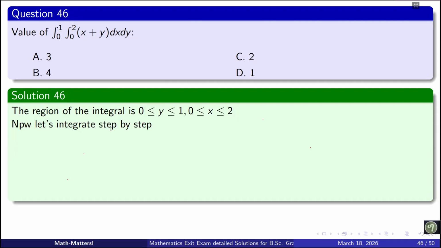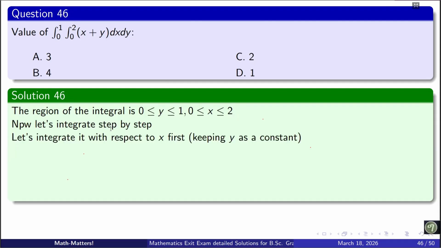Therefore, now let's integrate step by step. First, we integrate with the inner one, with respect to x, keeping y as a constant. We have the integral of x plus y, with x from 0 to 2, which is x squared over 2 plus yx, since y is a constant because we are integrating with respect to x.